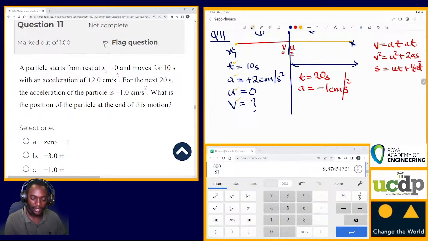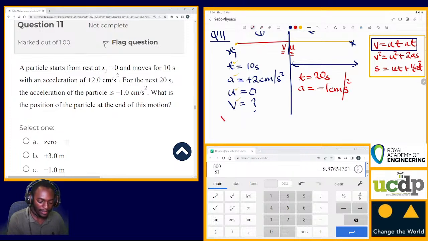Looking at which parameters we have for the first part of the journey to calculate our v, we can use v is equal to u plus at.